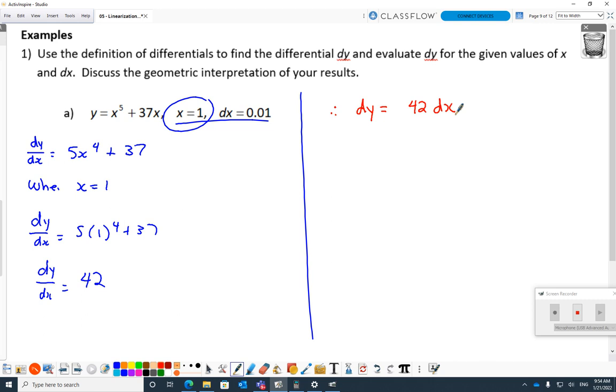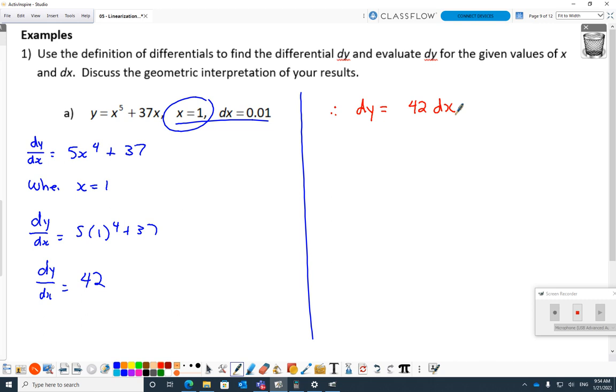Question? So for that equation, the change in y equals the change in x times f prime. So what would f prime be? F prime in general on this curve is 5x to the fourth plus 37. But f prime at the specific x value they gave me was 42. We've got a slope of 42 going on here.